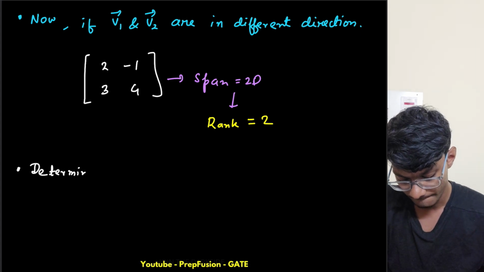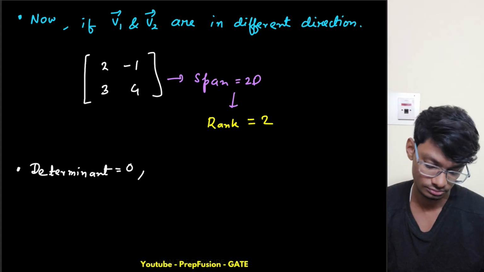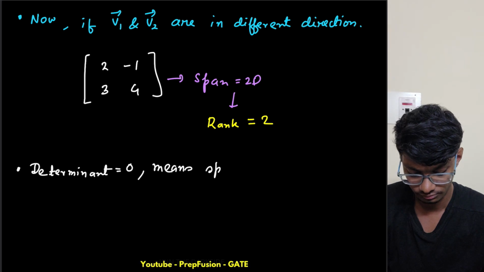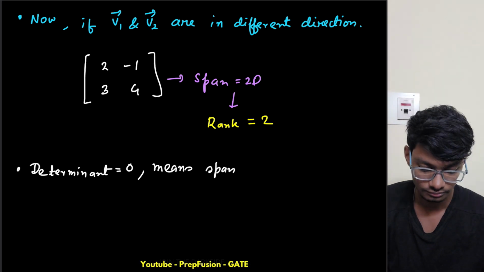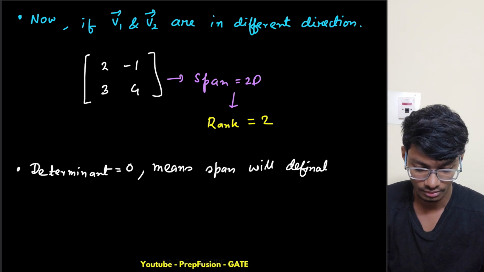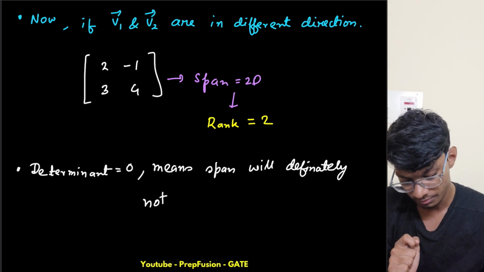Determinant equal to 0 means the span will definitely not be 2.